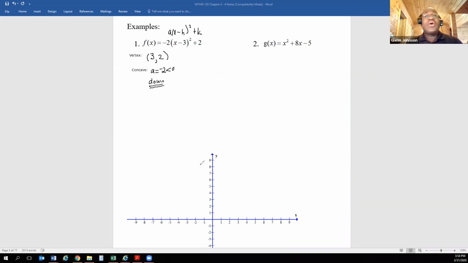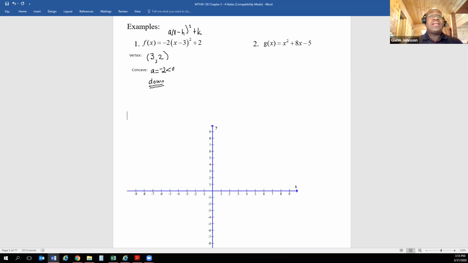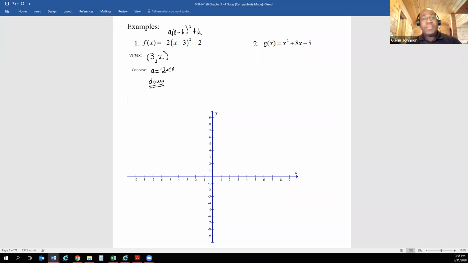Now at this point, we could actually go to the graph and plot what we have here. Just considering what we have to work with, the vertex being 3, 2.